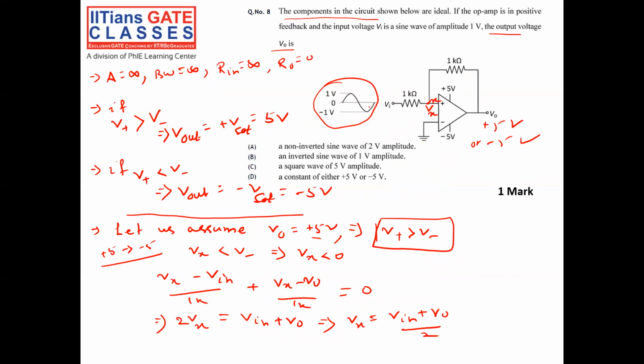So the circuit will stay at +5 or -5 after switching on; I do not know at which voltage. The output will stay either +5 or -5. So the constant, either +5 or -5, is the answer.